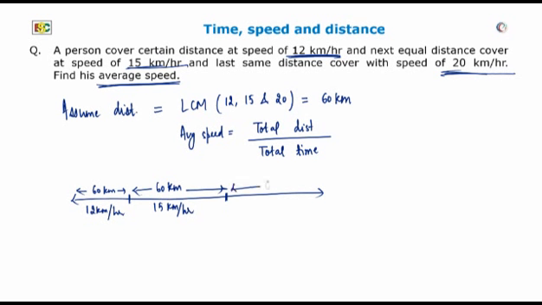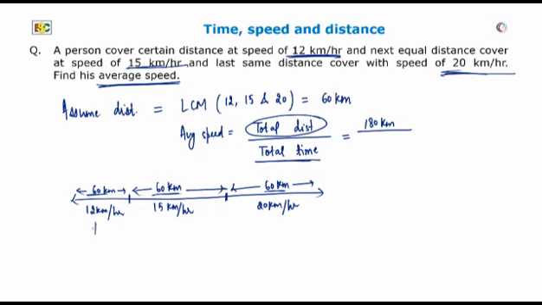And for the third part, again distance is equal to 60 km, that we have assumed, and the speed is 20 km per hour. So now we know the total distance, and that will be equal to 60 plus 60 plus 60, that is 180 km. And now we have to find the total time.